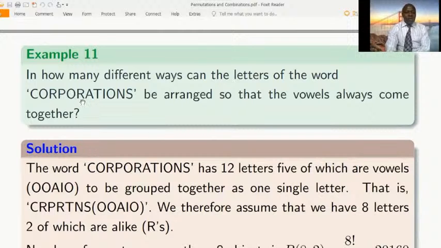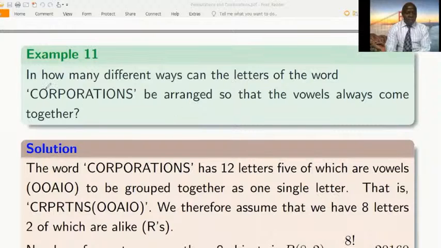Now, this question is slightly different from the earlier one. The earlier one, we did not have letters which were similar. But for this question, we have letters which are similar. So let's see how to do this. What are the vowels?